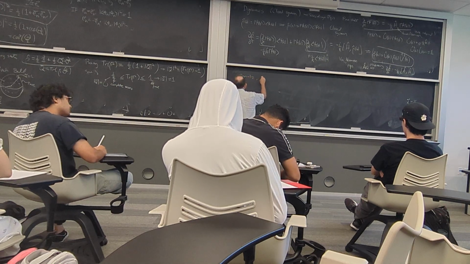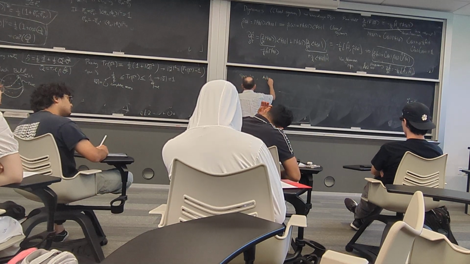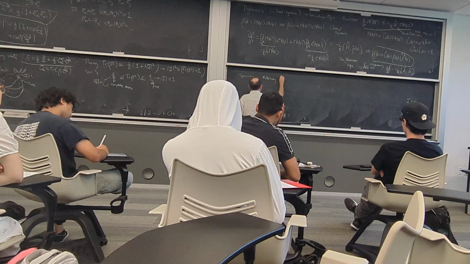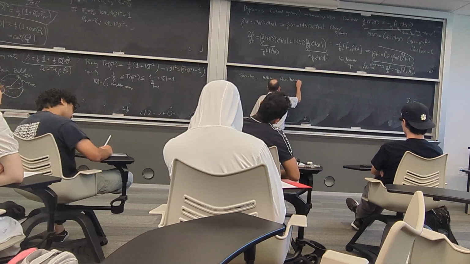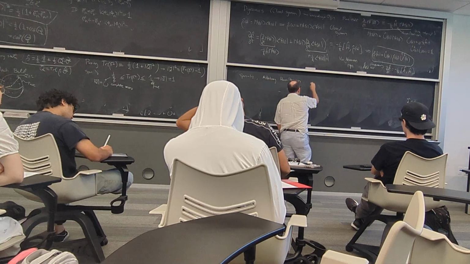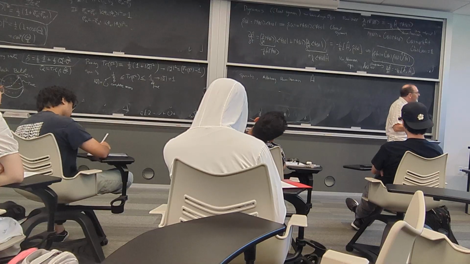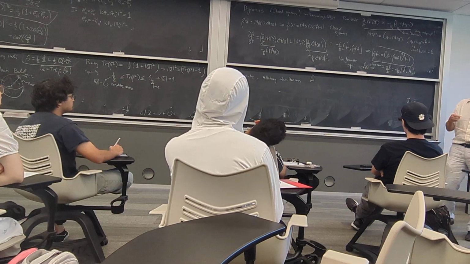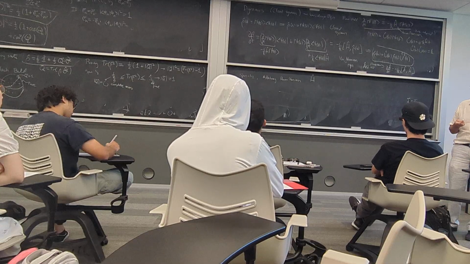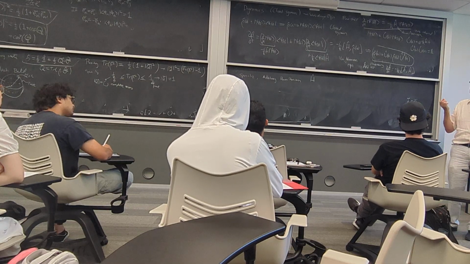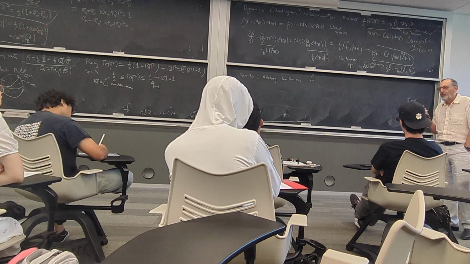Say I have an arbitrary Hamiltonian H. H is an arbitrary Hamiltonian, a Hermitian operator that acts on a two-dimensional Hilbert space, spin one half.